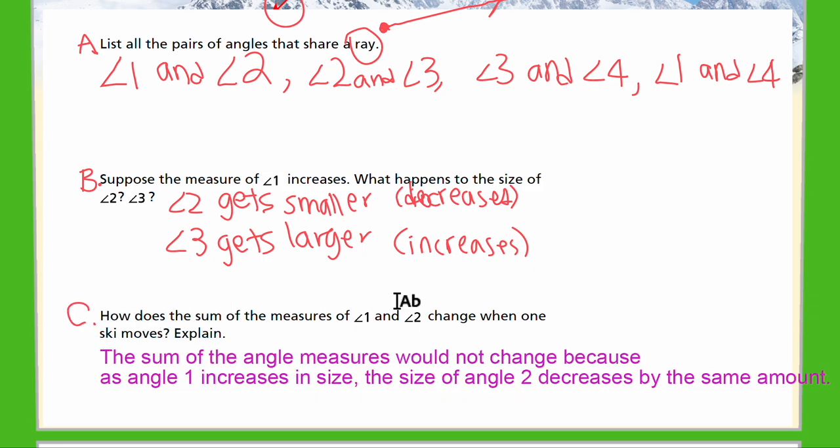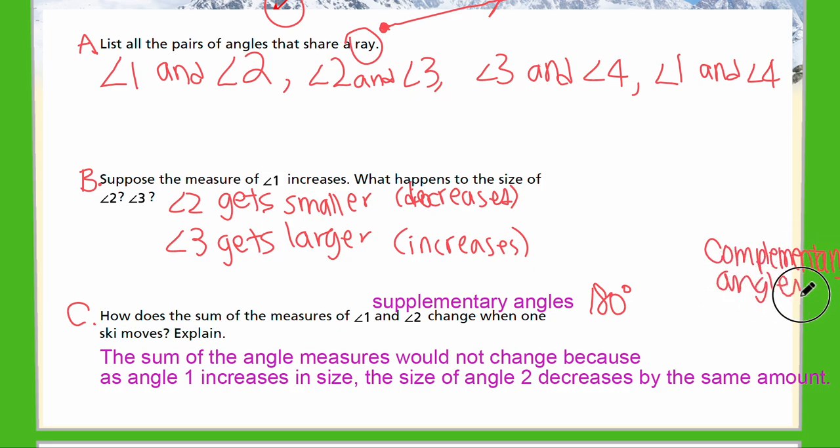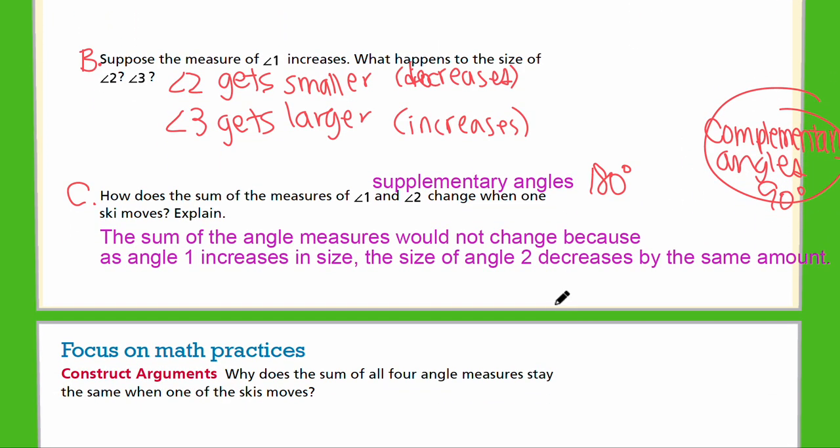They are called supplementary angles when their sum is 180 degrees. There is also a word called complementary angles, when the sum is 90 degrees. Okay, so that's the vocab.